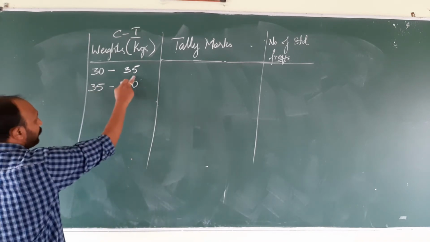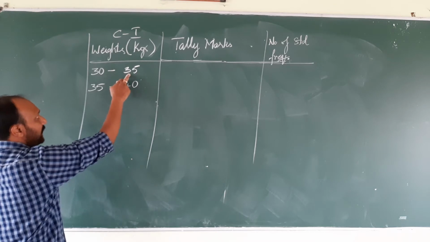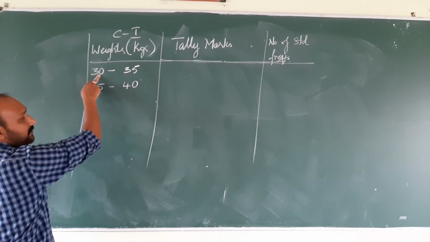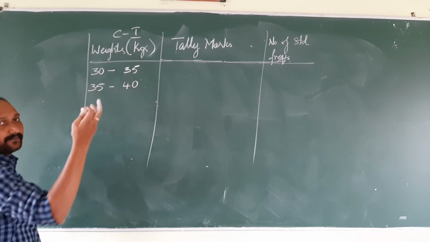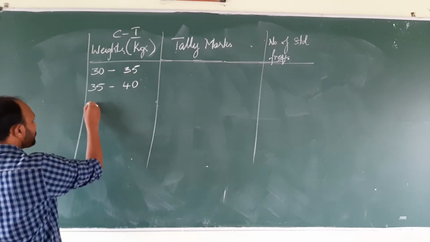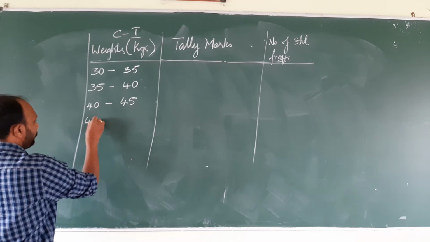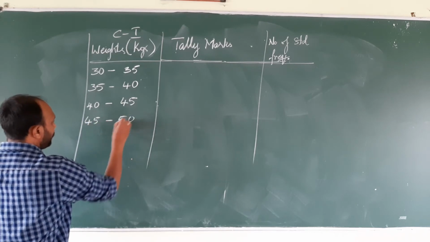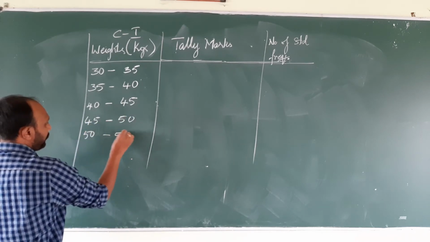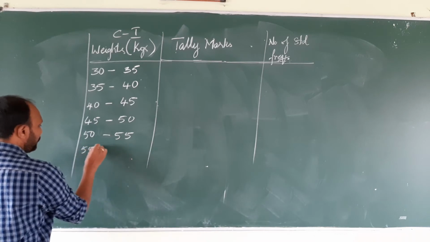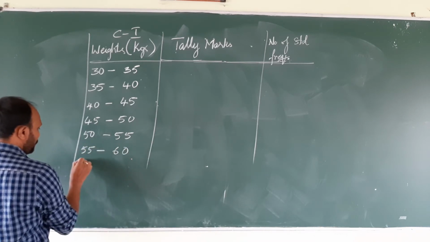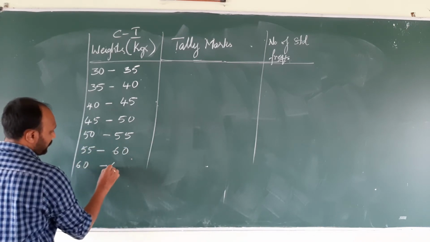So, how to find the width? Upper limit of the class minus lower limit of the class is the width. 35 minus 30, that is, width is 5. Next, 40 to 45, 45 to 50, 50 to 55, 55 to 60, 60 to 65.